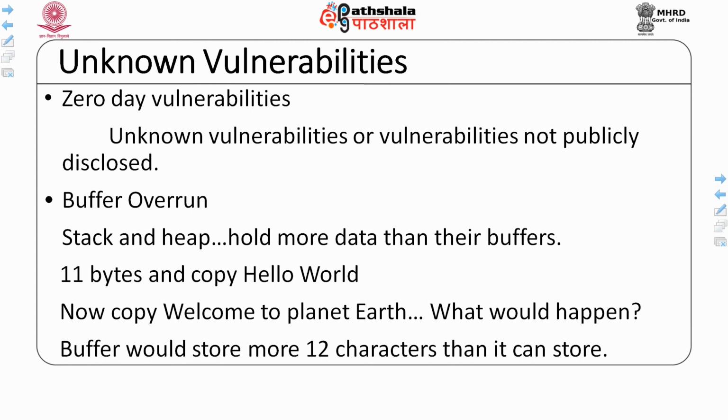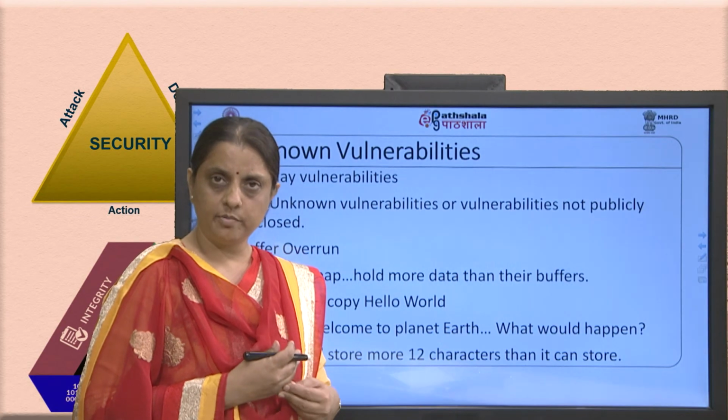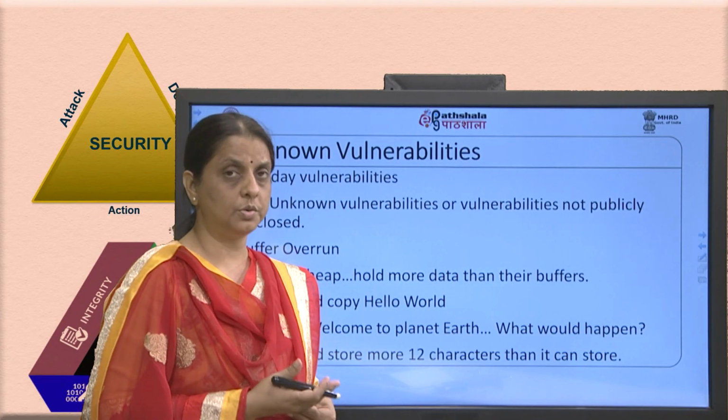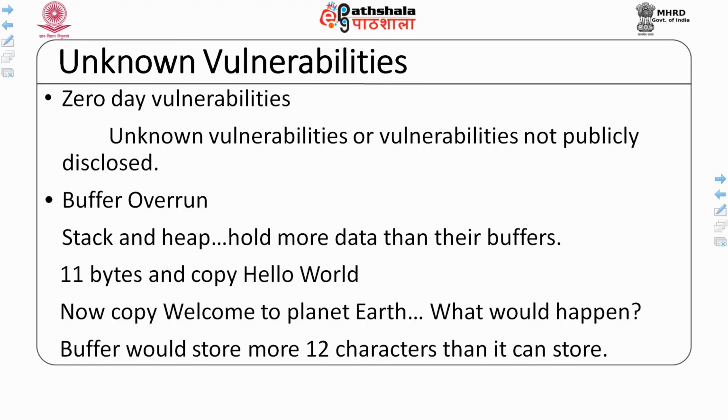There are certain unknown vulnerabilities also. It includes 0-day vulnerabilities, which are vulnerabilities that are not known publicly. The second is buffer overrun. Buffer overrun depends on how stack and heap work.